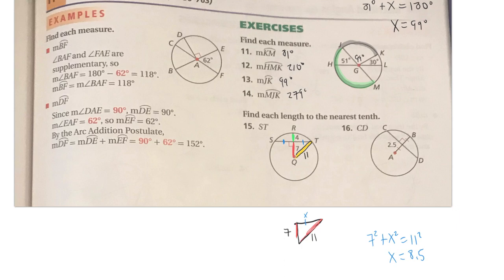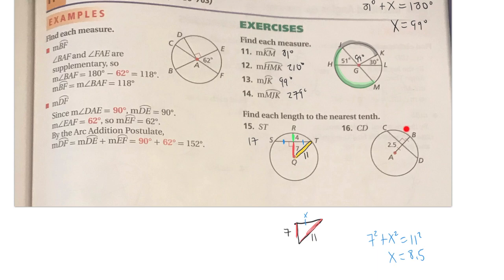Now, if that's 8.5, then only this little part is 8.5. That's what we just found. So if we want to know what this whole thing is, it's going to be 8.5 times 2, which is 17. Once again, we found this little guy, which is 8.5, and that's 8.5 as well. So clearly the whole thing has to be 8.5 times 2.